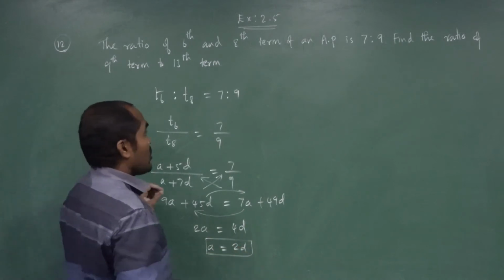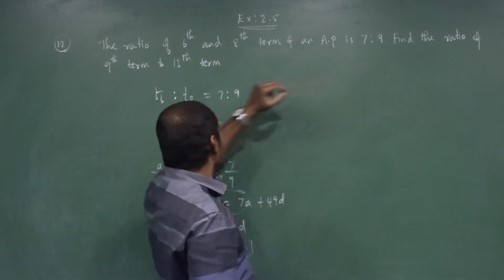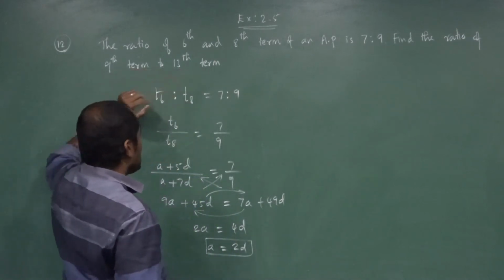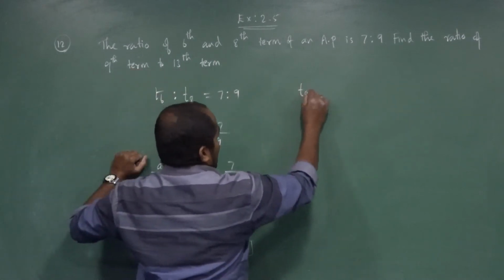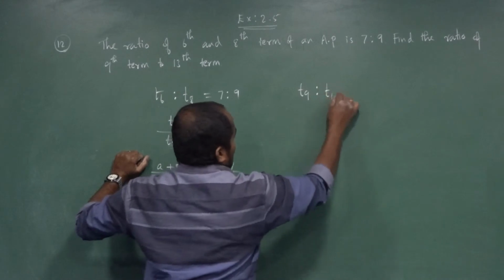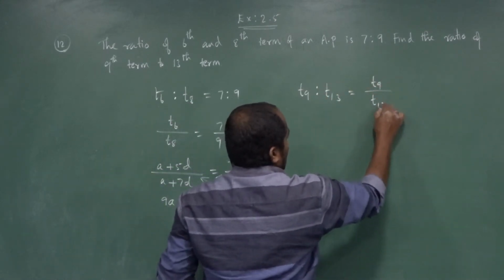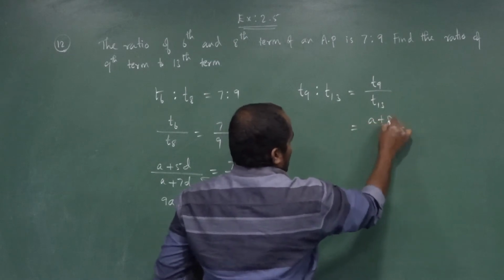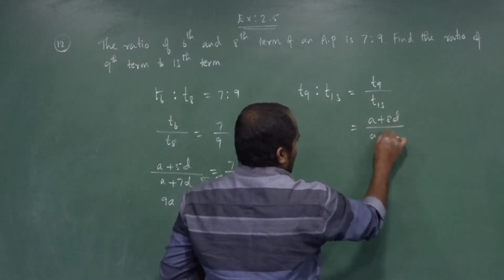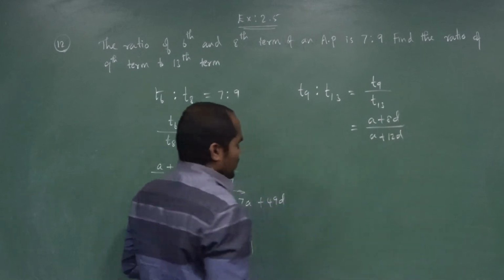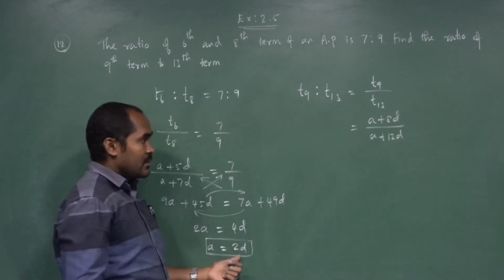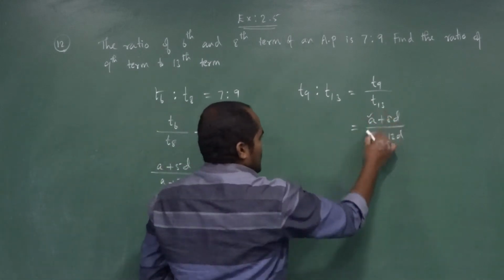Right? So our question is find the ratio of 9th term to 13th term. So T9 is to T13. That means T9 by T13, A plus 8D by A plus 12D. You know A value, A is equal to 2D. So substitute here 2D.